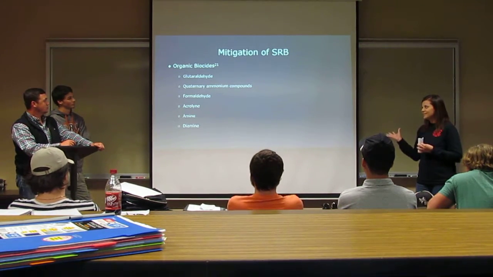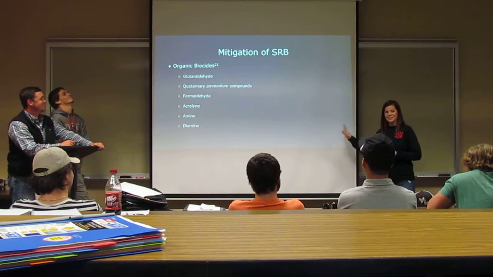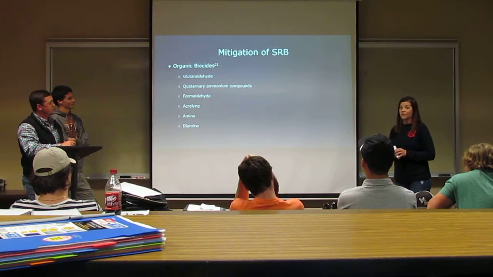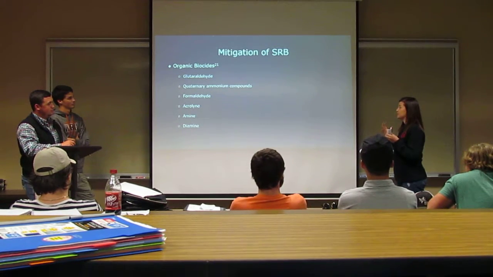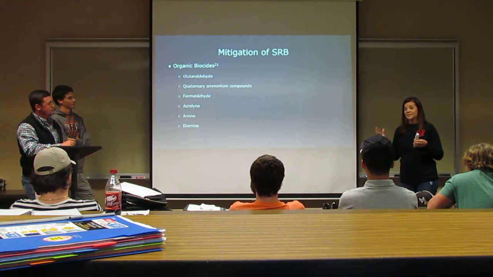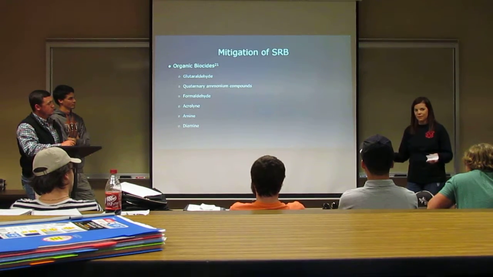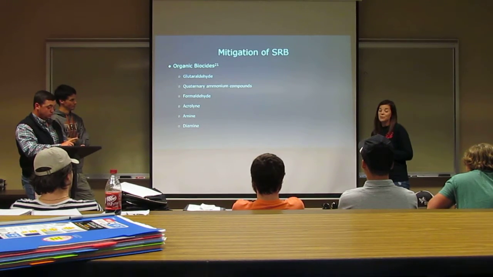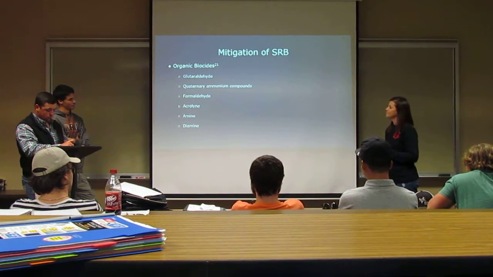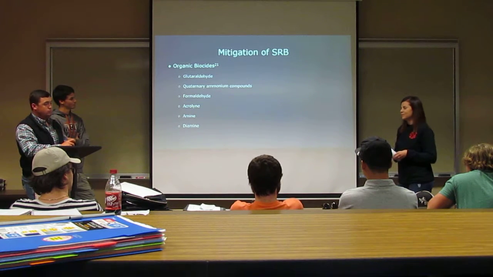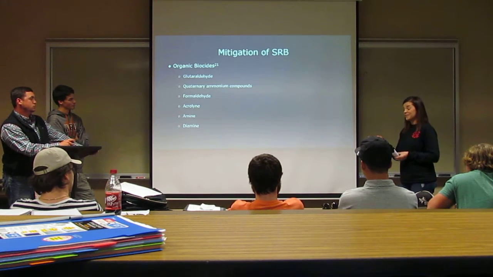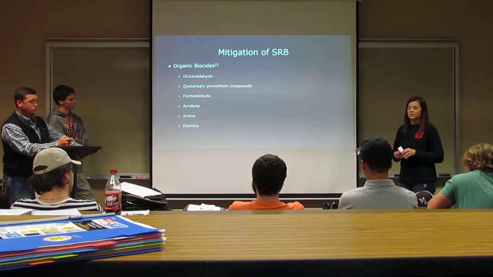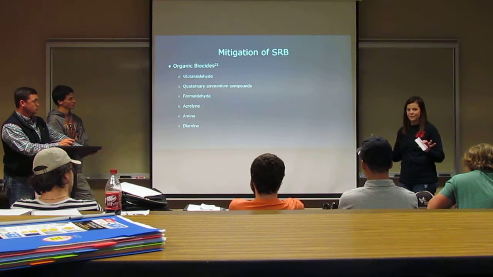Now, I have a friend who does this for a living, and talking with him, he said it's very hard for them to mitigate it because there's bacteria everywhere, and no matter how quickly you do it, some of these biocides won't work all the time. So you have to understand that no matter how quickly you mitigate it, there will still be some form of it. It's never fully gone.